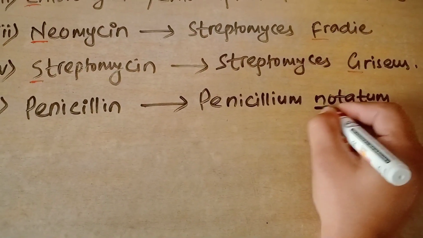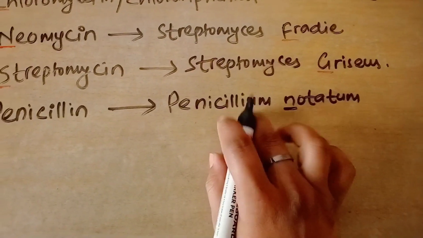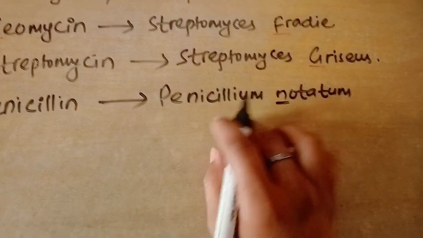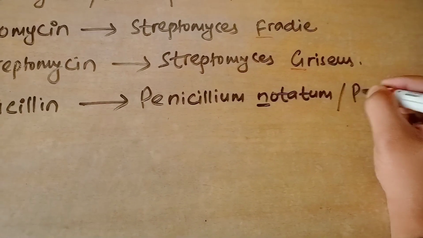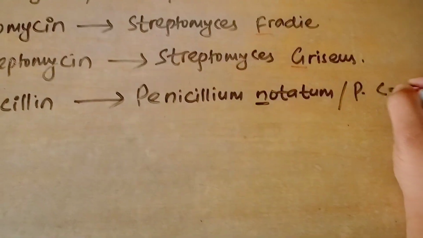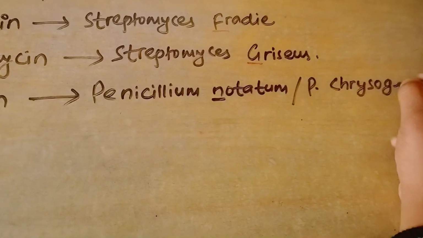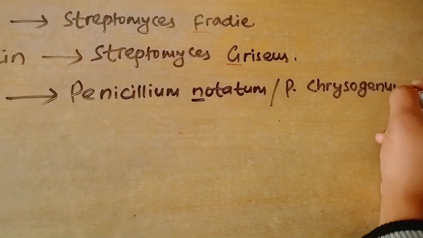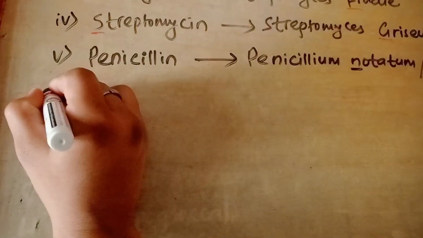See, here it is small, Penicillium notatum. When penicillin was first discovered it was from Penicillium notatum, but now commercially penicillin is extracted from Penicillium chrysogenum. So in the exam either can be asked.